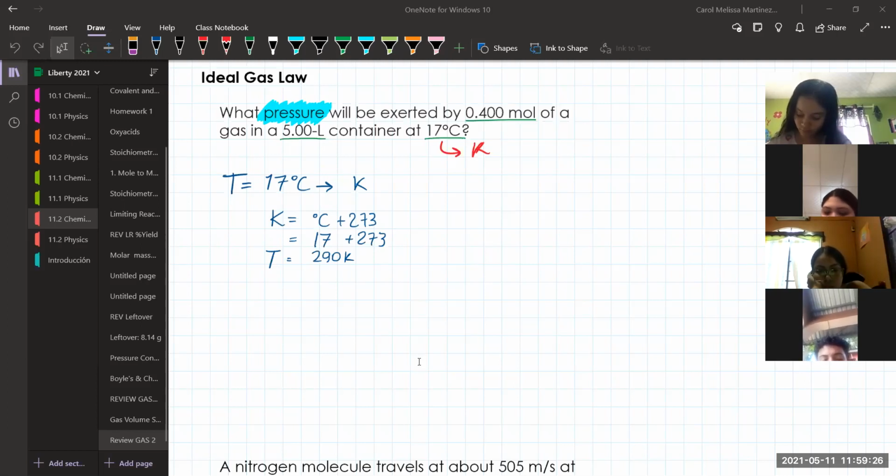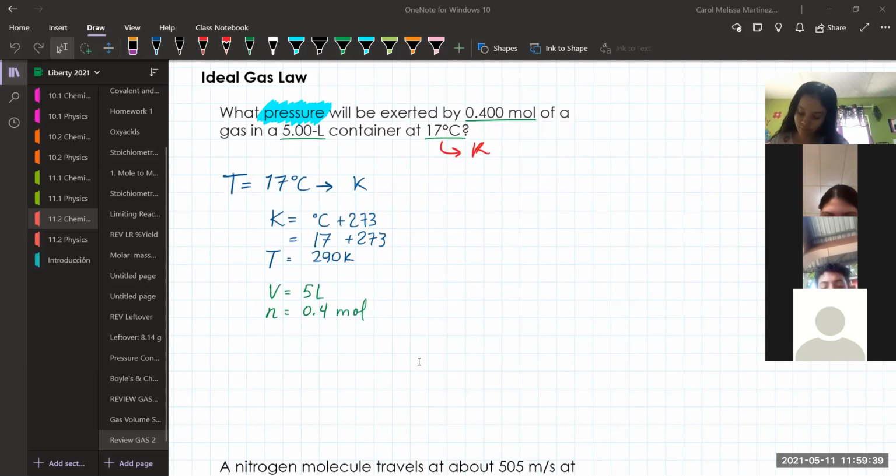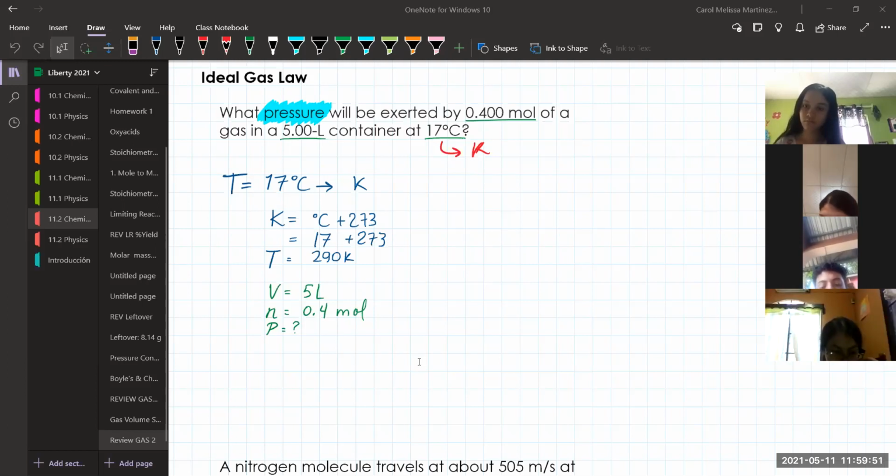The rest of the givens are a volume of 5 liters and the number of moles, 0.4 moles, and it's asking you to find the pressure. The isolation I gave you from the ideal gas law is: pressure is equal to n times the ideal constant times the temperature divided by the volume.